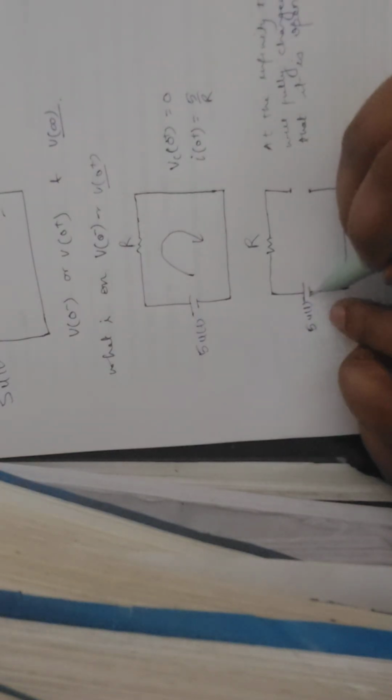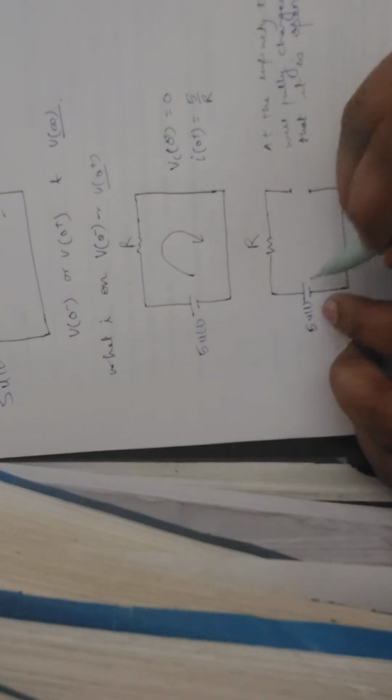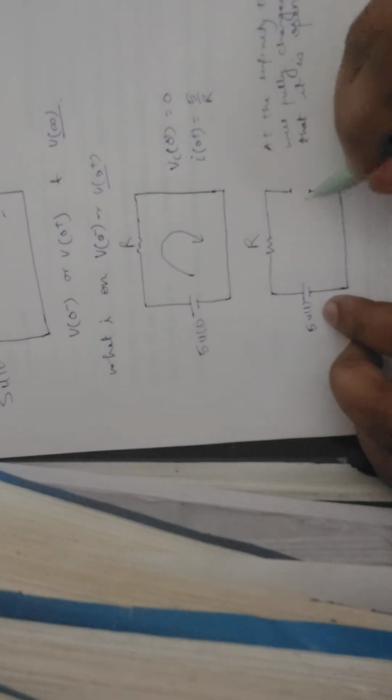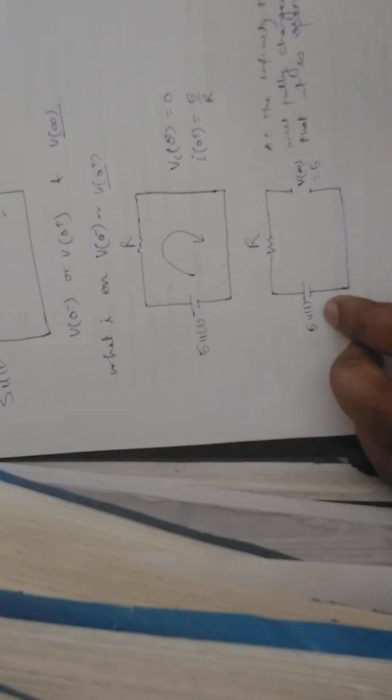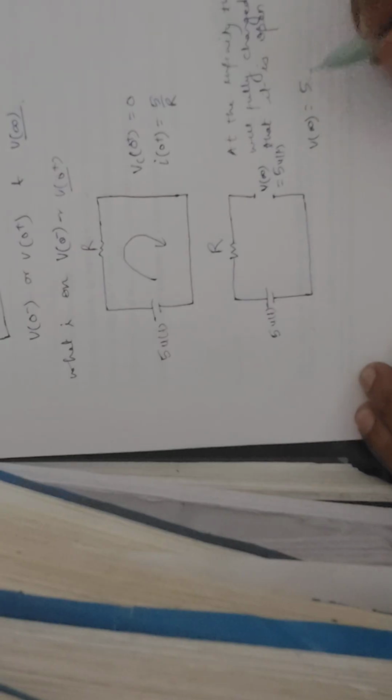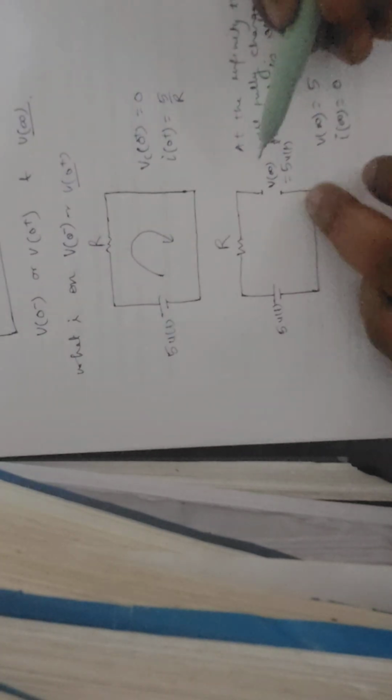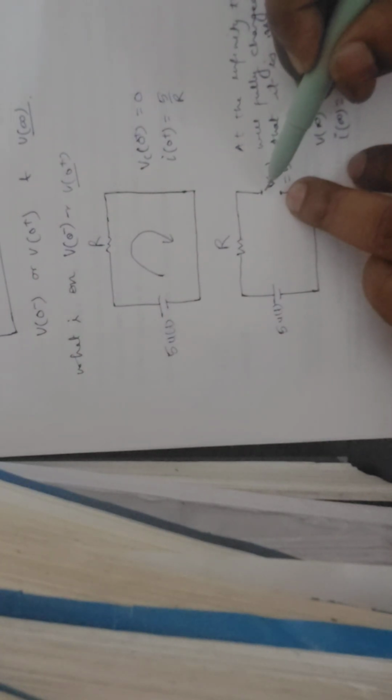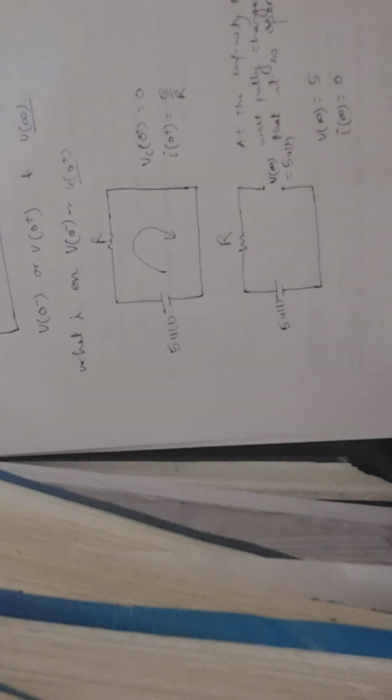So all the voltage is coming here, like v of infinity is 5 volt. And at that time the current at infinity is 0 because of the open circuit. In an open circuit the current will not flow, that's why the current is 0.